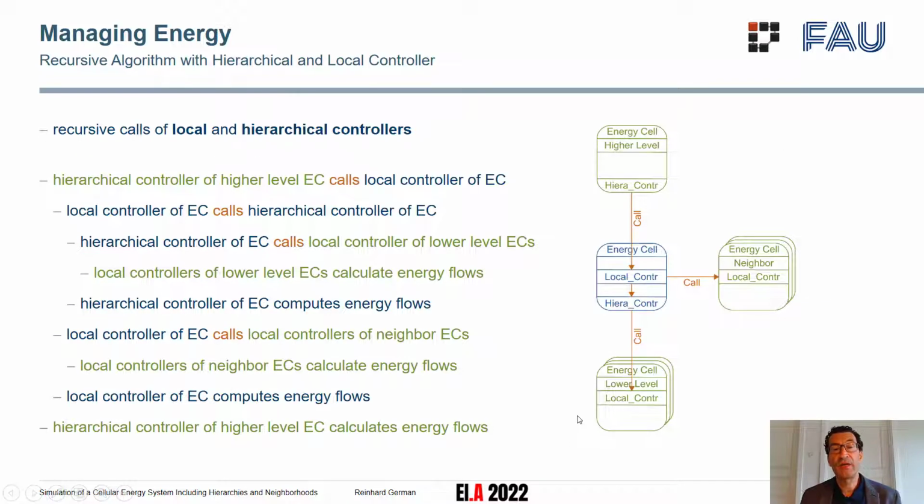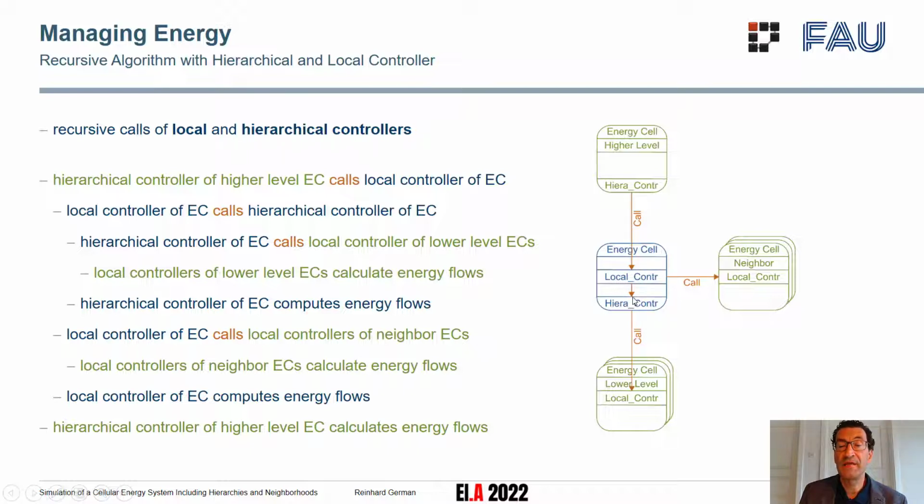So this can now be generalized to also neighborhood relationships, as you see here. Our energy cell in the middle has now also a neighbor, and the procedure is as follows. The higher level energy cell calls the energy cell, and first the control is given to the local controller.